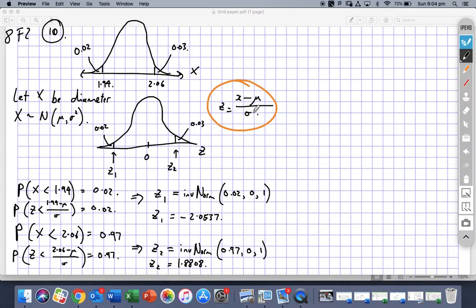So, we could write out equation 1 and equation 2. We can say Z1 equals minus 2.0537. Right, and that has to come from 1.94, isn't it?